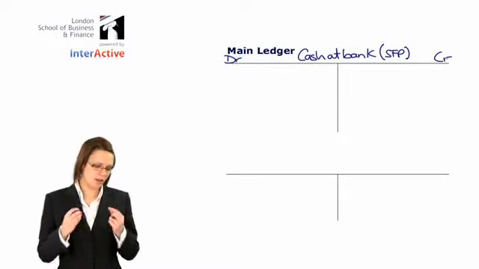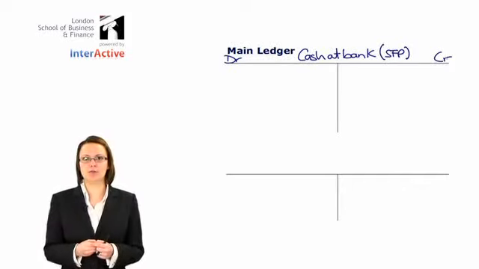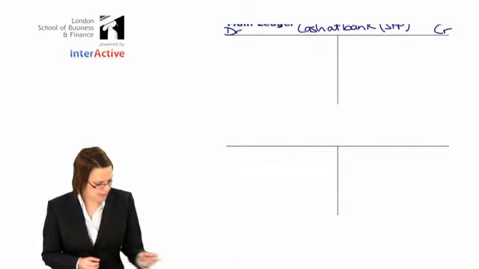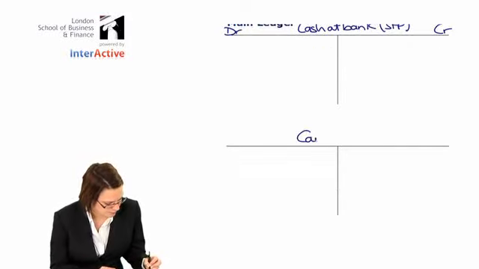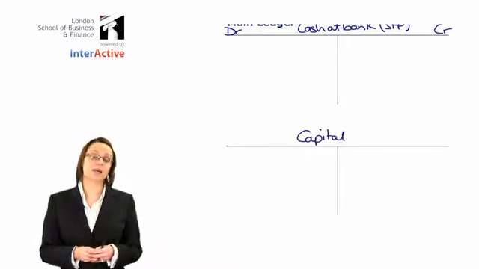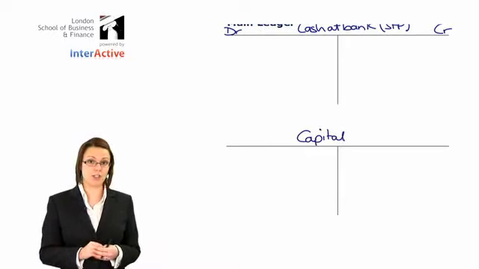Now, we said that the other account we had was capital. So you can see in your notes that the second blank ledger account, well, we're going to use that for capital. And remember, capital is an item that appears in the statement of financial position.